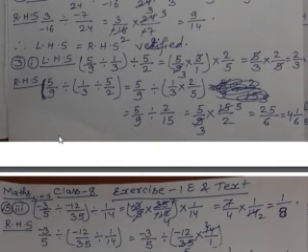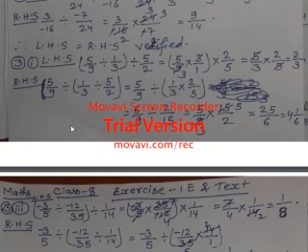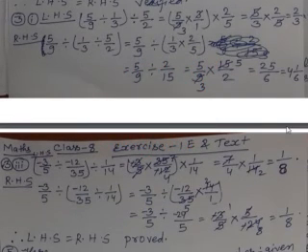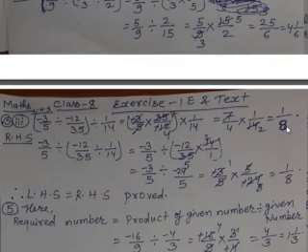Here also I had not written. You will write here also, therefore LHS is not equal to RHS. Relation is not verified. Or you can write relation does not exist. Or even you can write not proved.